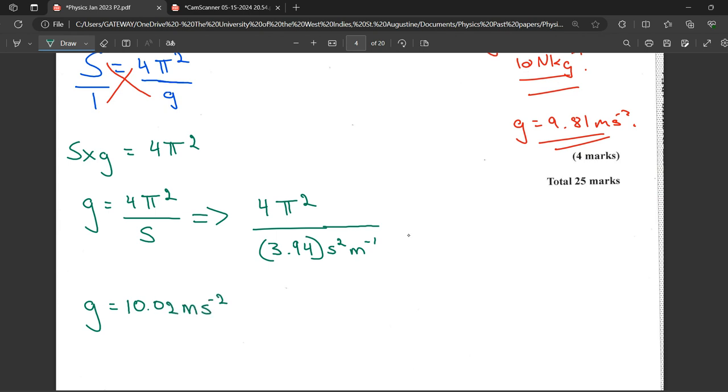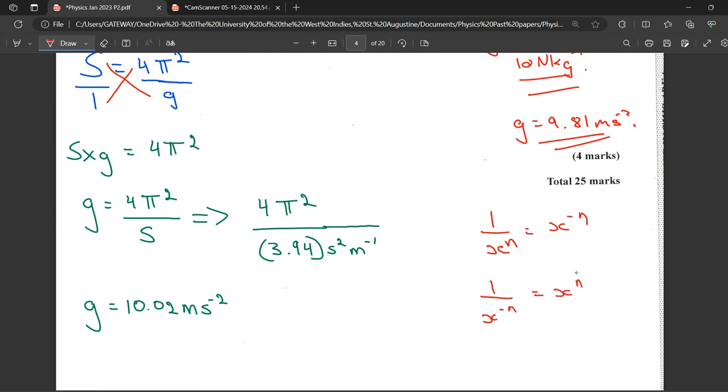Now you might want to know how I get 10 meters per second squared, right? So let me just show you that one time. If I have 1 all over x to the power of n, I can write this as x to the power of negative n. And if I have 1 all over x to the power of negative n, I can write this as x to the power of positive n.